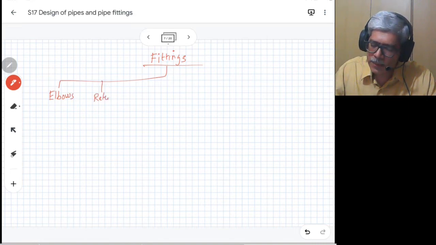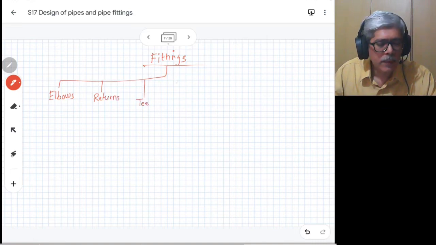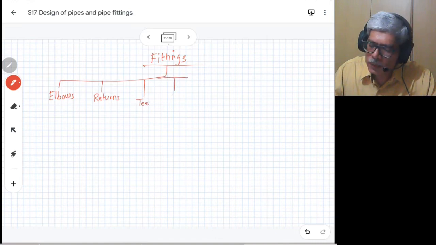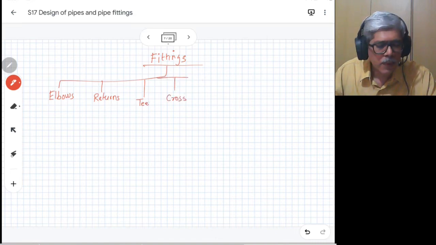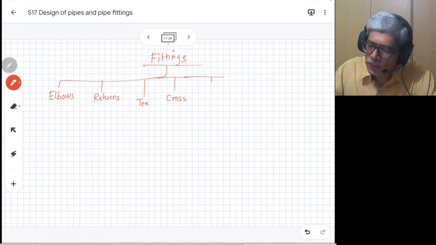Then you have returns. You have T-joints. You have cross joints. Then you have reducers. You have couplings.